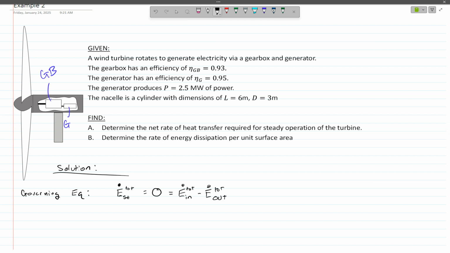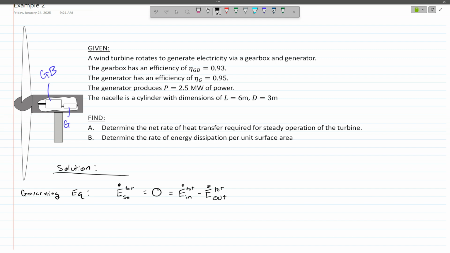And we're going to go ahead and assume here, right, since we're dealing with total energy and we have a closed system. Why is it a closed system? Because this nacelle, right, is a closed volume. It is a box. And the key thing that tells us is that there's no fluid flowing in and out, right? There's no mass transfer between the inside and the outside of this housing.